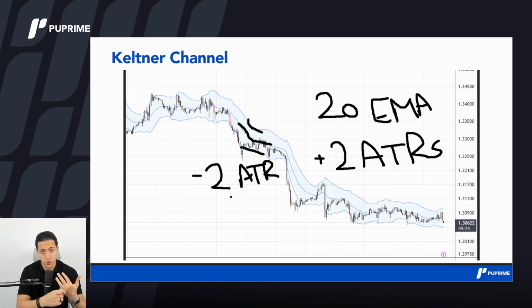Either the difference between today's high and today's low, or the difference between today's high and yesterday's close, or the difference between today's low and yesterday's close. The highest number between those three is called the true range, and over time we get the average of the true range. If you basically understood this, very good. If you didn't understand it, that's why I said it so quickly, because you don't really need it so much.